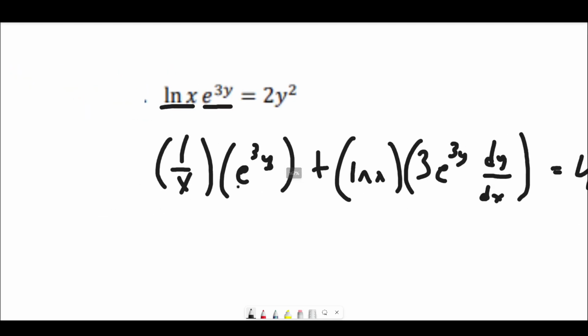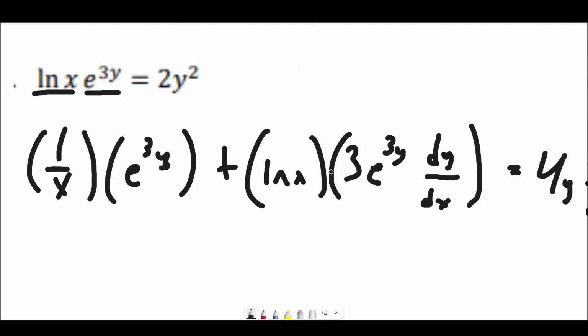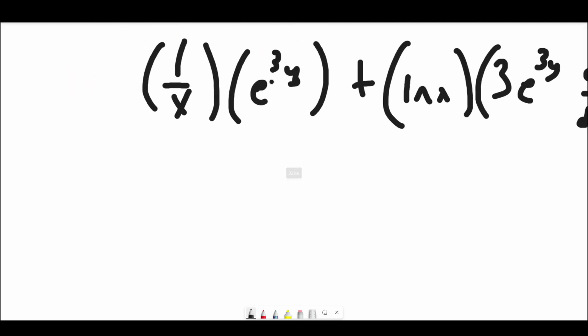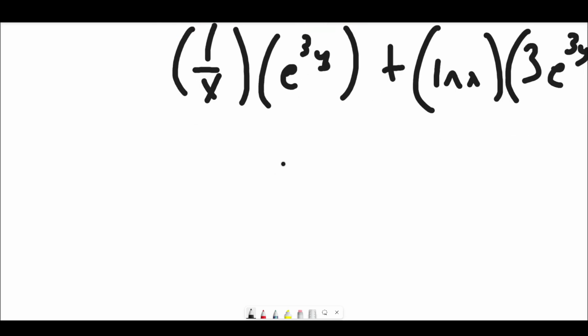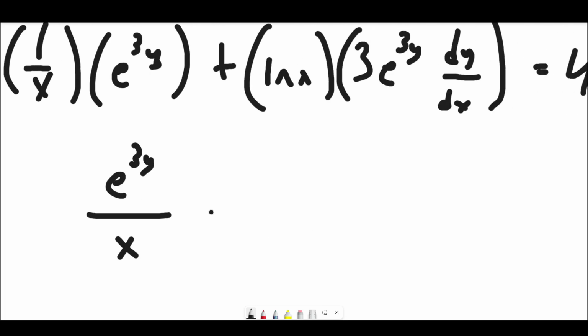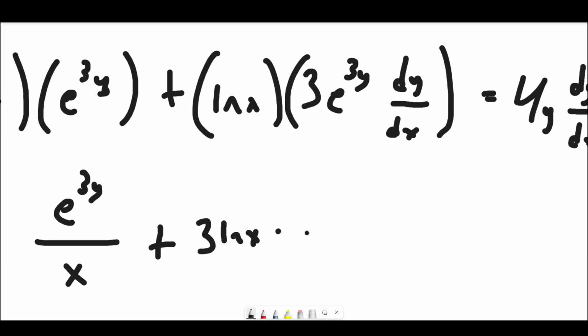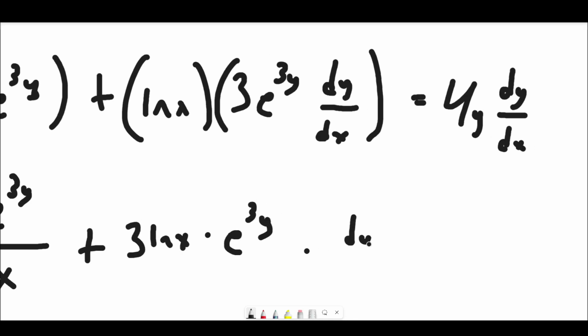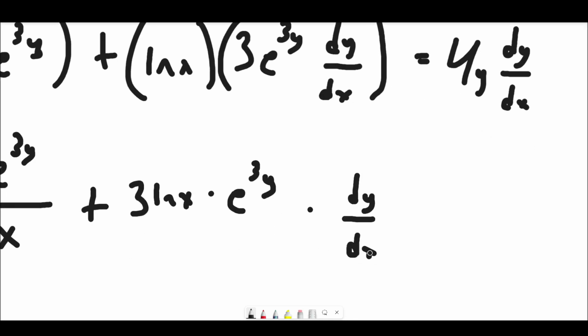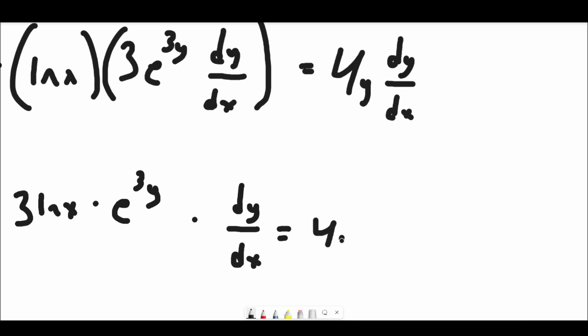Once we do that, I'm going to multiply everything out, and then we're going to isolate dy over dx. So when I multiply these two functions together, it's just e to the 3y over x, plus 3 ln x times e to the 3y times dy over dx equals 4y dy over dx.